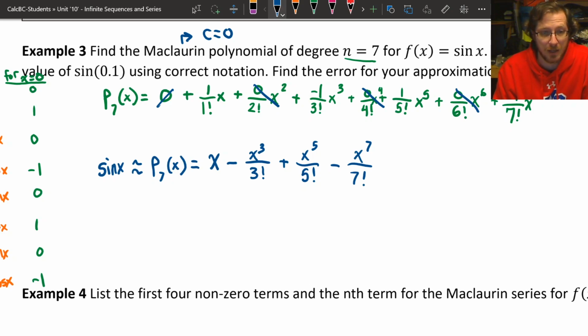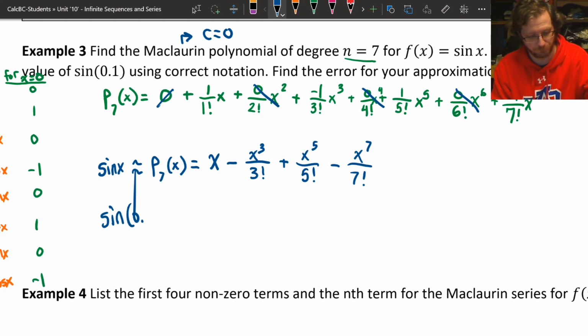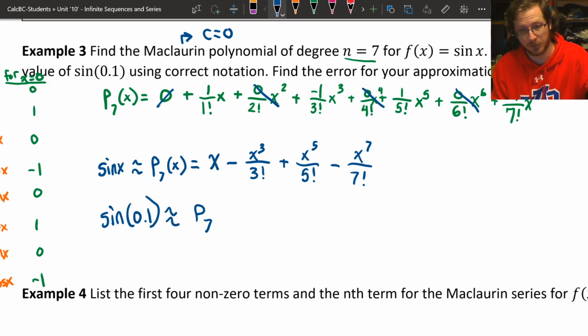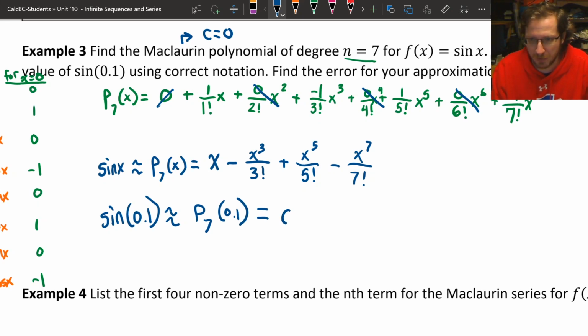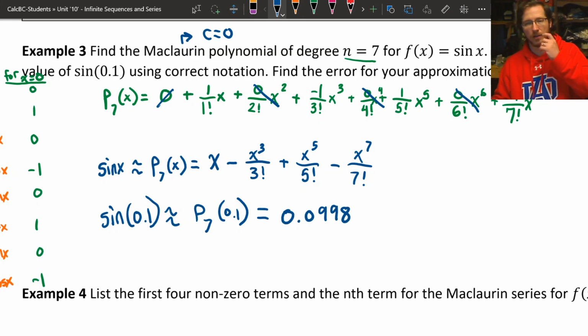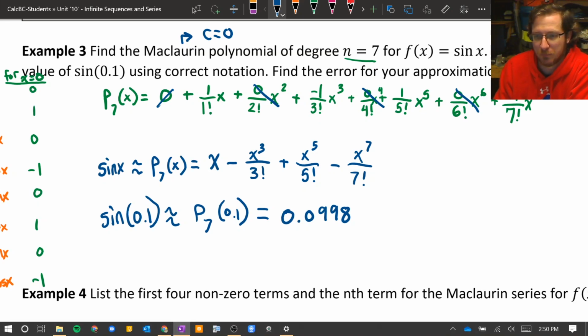So sine of 0.1 is approximately, if we were to plug in 0.1 into our function here, that's definitely going to require a calculator. If you plug that into your calculator, you're going to get 0.0998, going out 4 digits just because. Boom, and that's our approximation.